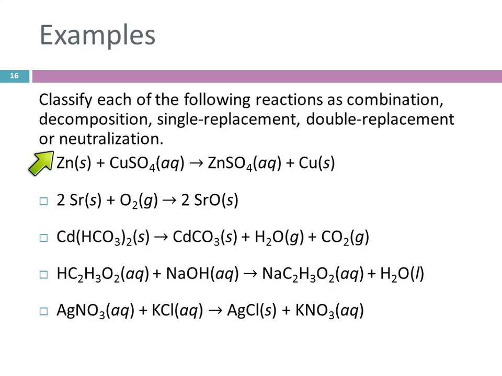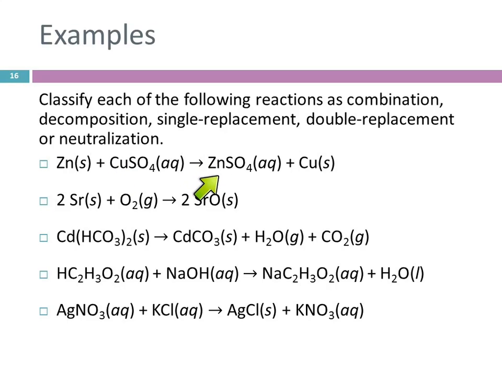So here we have zinc. Is this an element or a compound? That's an element. So this guy's coming in by himself. And here we've got copper and sulfate. Is this an element or a compound? That's a compound. This is, in fact, an ionic compound, isn't it? We've got copper ions and sulfate ions. And then what happens at the end?